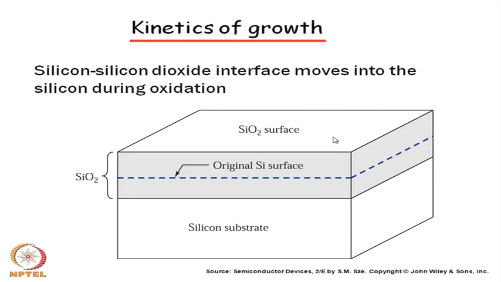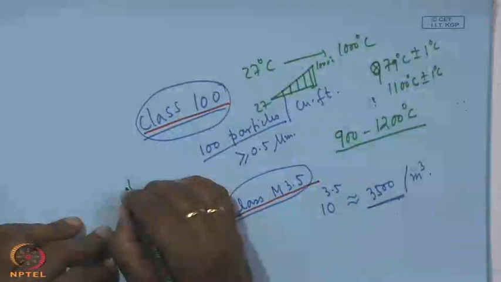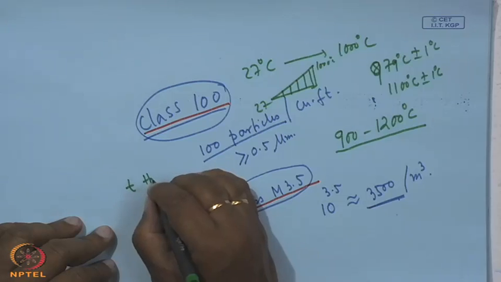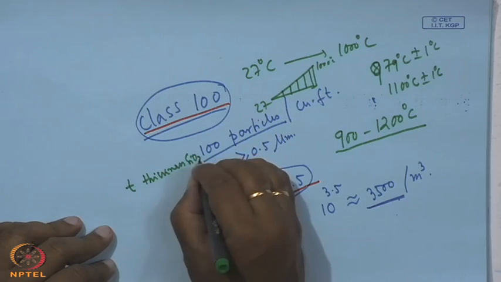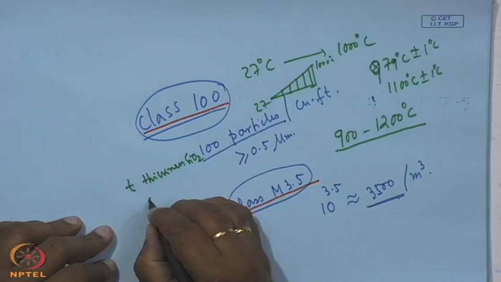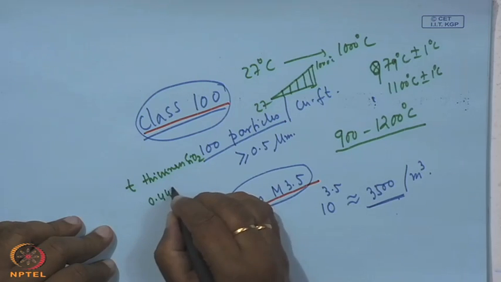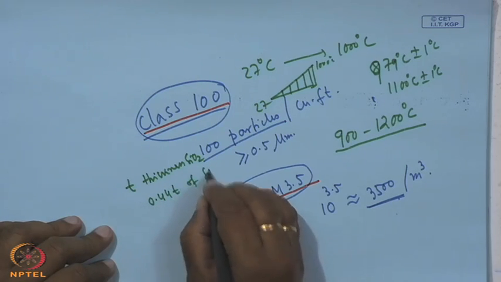Now, it is very interesting to have the kinetics of growth, because you see that when SiO2 is grown on silicon, silicon is consumed. We shall see that if you want a thickness T of SiO2 oxide film, 0.44 T of silicon is consumed.